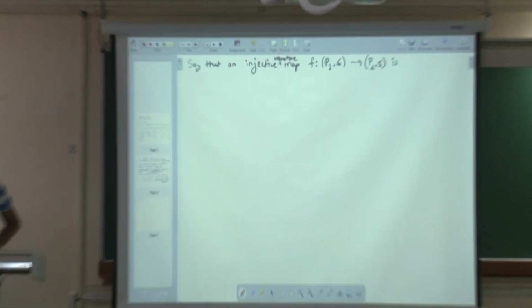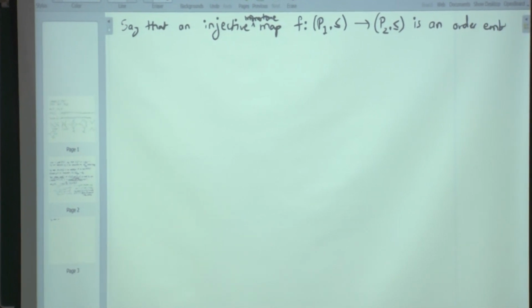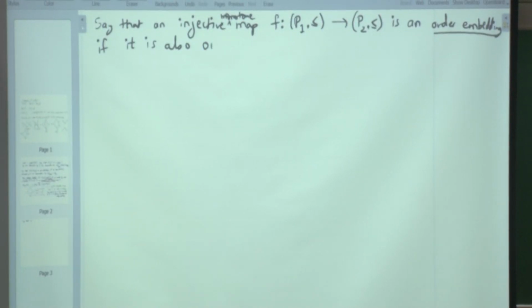Say that an injective monotone map F from P1 to P2 is an order embedding if it is also order reflecting.